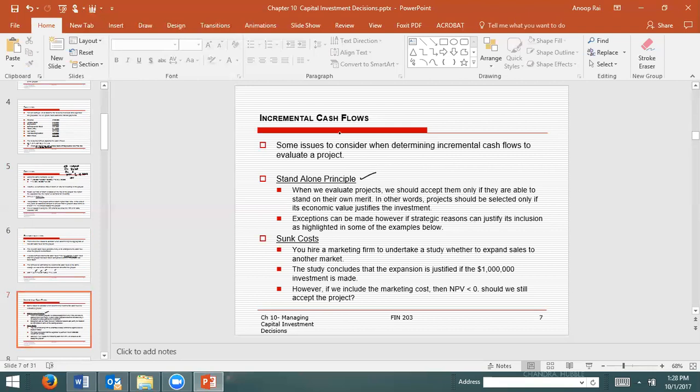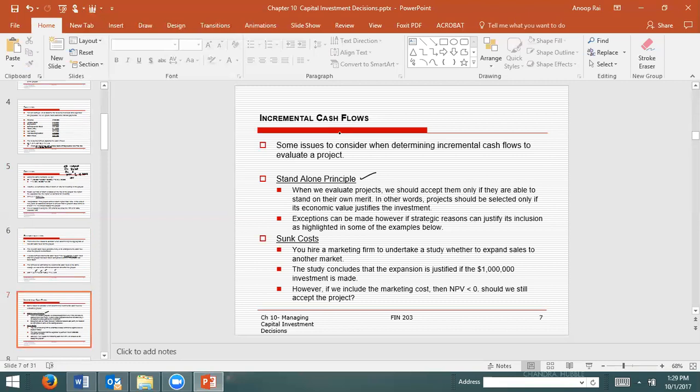That is, the key thing to understand is when you evaluate a project, you should accept a project when it is standing alone on its own merits, that there is no subsidy involved, that there's no cheap financing made available to you by a grandmother. It should stand on its own. Like, if anybody takes that project, is that project profitable and gives a positive net present value?